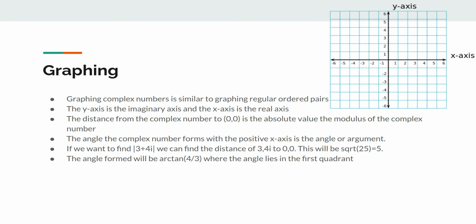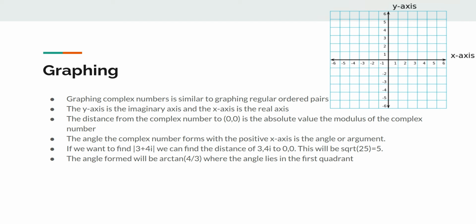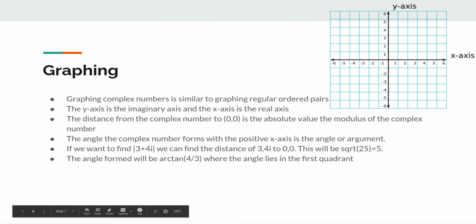Okay, graphing complex numbers. Graphing complex numbers is similar to graphing regular ordered pairs. The y-axis is the imaginary axis, and the x-axis is the real axis, and the distance from the complex number to 0, 0 is the absolute value.